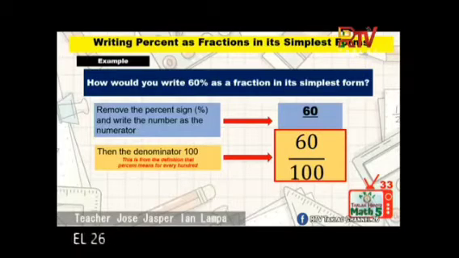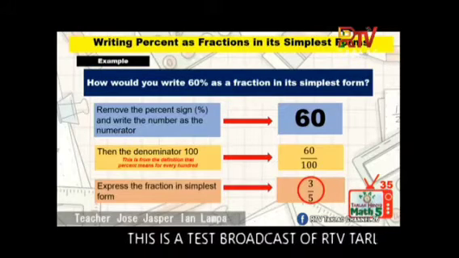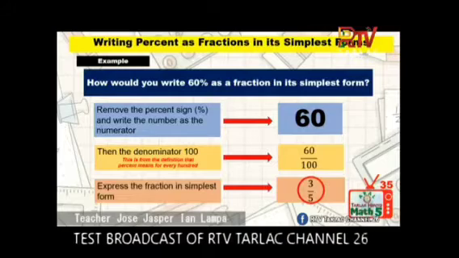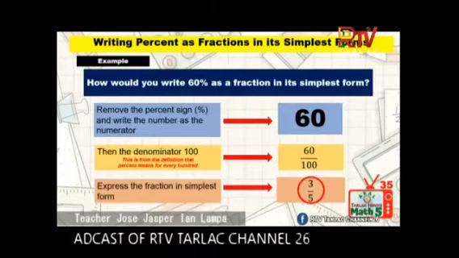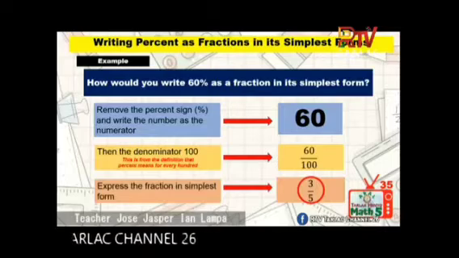And finally, reduce to simplest form or lowest terms. And that is correct. The simplest form of 60 over 100 is 3/5.